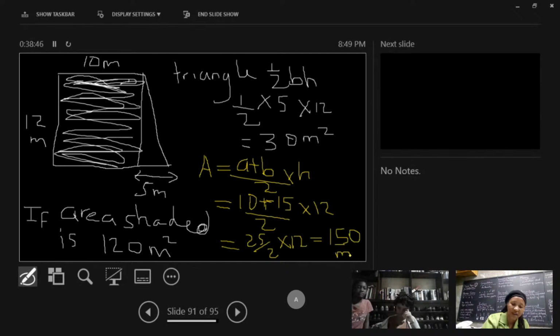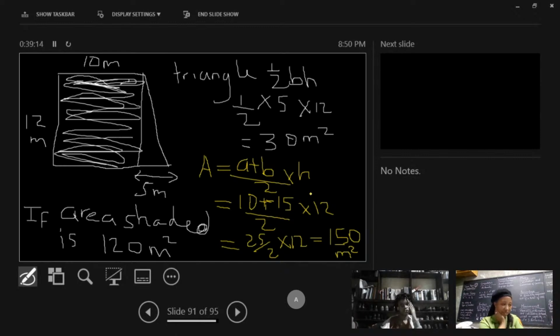So is there any other way we could have found the area of the trapezium? Is there any other way? Well, Miss, that's the only way I know. Look at it carefully.